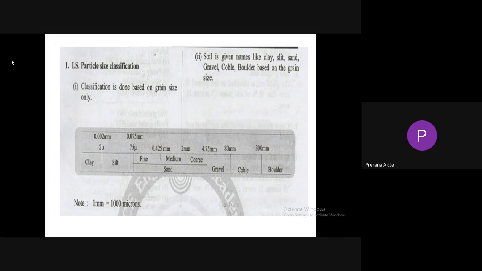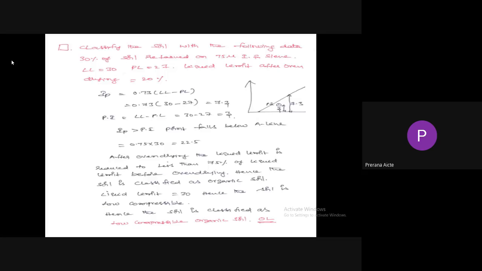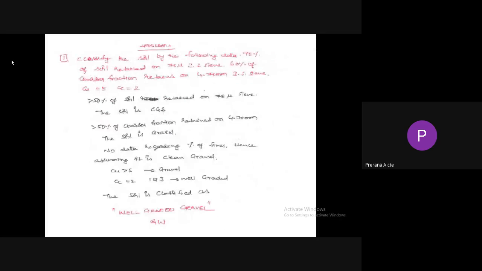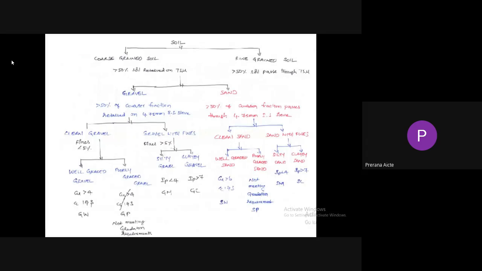In this classification, we don't consider the plasticity index, that means we don't consider the liquid limit, plastic limit, Atterberg limits. But in another soil classification system, we will consider particle size as well as Atterberg limits. So we have two types of Indian soil classification system.